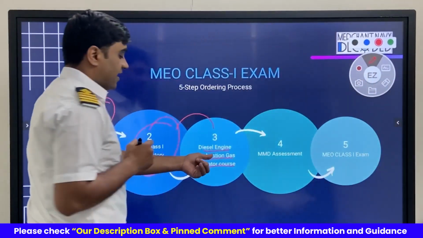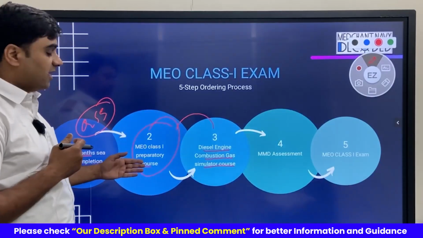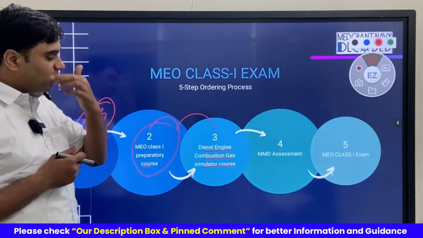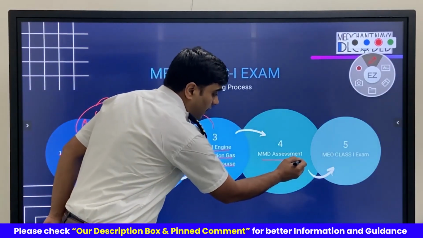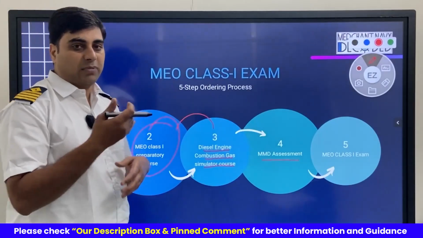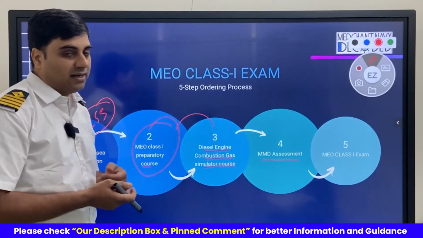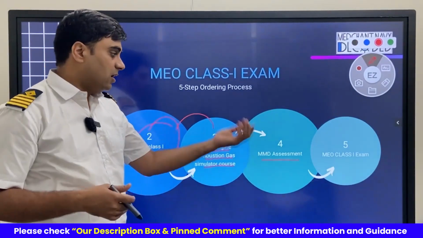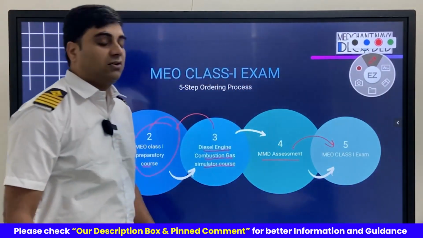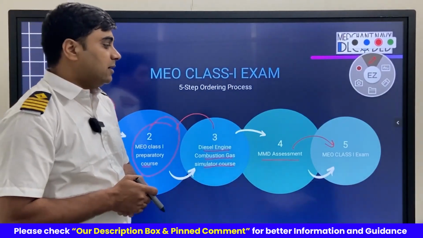After that, once we have done this simulator course and the preparatory and we are qualified as per the QSS and the propelling time, we will go for the assessment. Assessment means we proceed with the file creation. So we prepare the assessment file and submit the fees and all those things. Once the assessment is clear, we are eligible to appear for the MEO Class 1 exam.